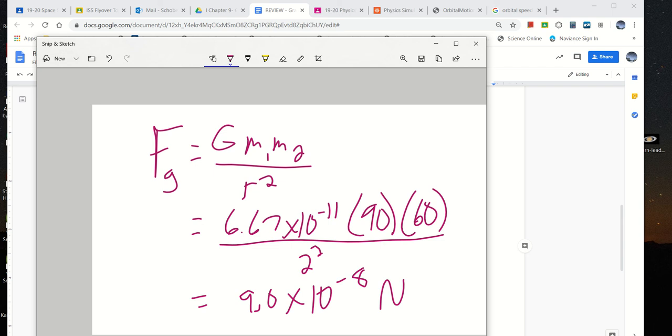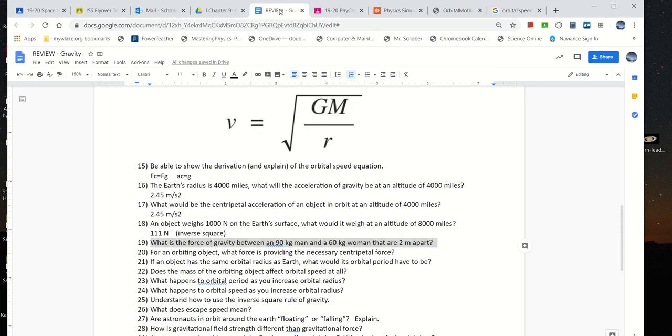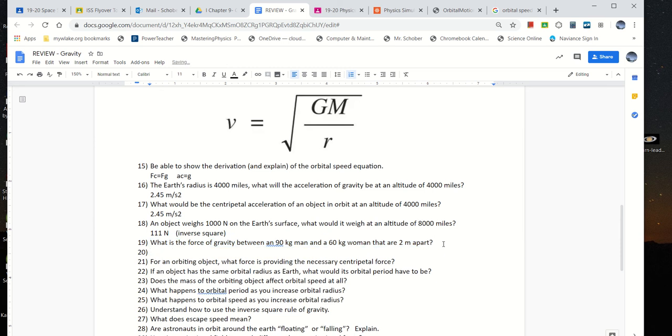But we can use Newton's law of universal gravitation here, whether we're talking about two people or the force of gravity between the Earth and a person, like in the other example I gave you before. All right, so our answer there was 9.0 times 10 to the -8th newtons. So just double check that you can find an answer there.